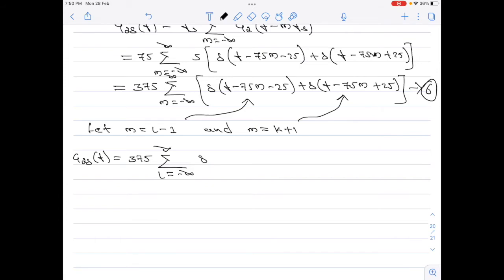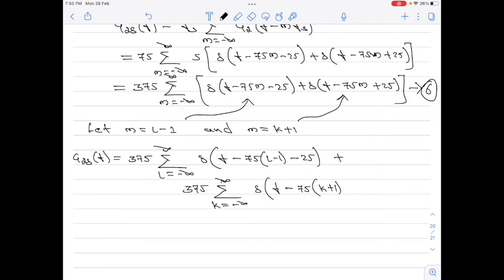Then we have delta of f minus 75 into L minus 1 minus 25. This is our first term. Then we have plus, the second term is 375 into summation, variable now is k varying from minus infinity to plus infinity. We have delta of f minus 75 into k plus 1 plus 25.